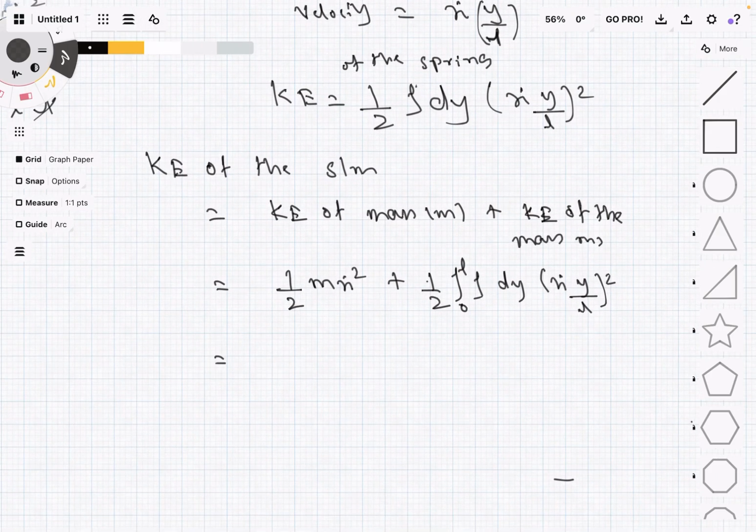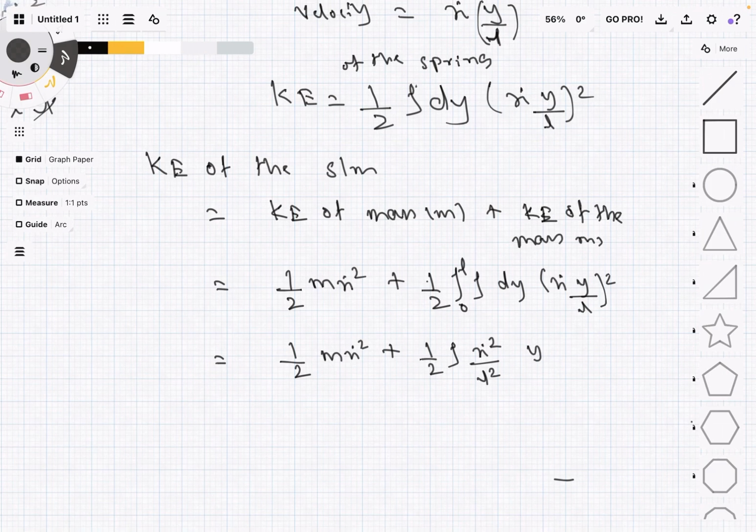So I'll do the integration of this: half into m into x dot square, plus half, I'll be keeping it outside, rho also outside, x dot square upon l square also I'll be keeping. I'll be integrating y square with respect to dy.